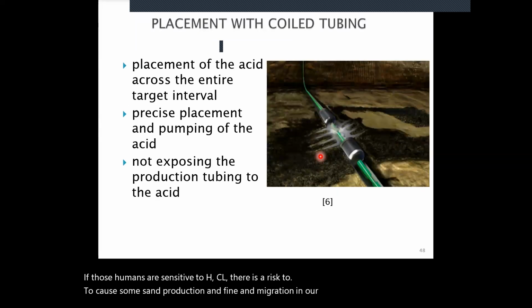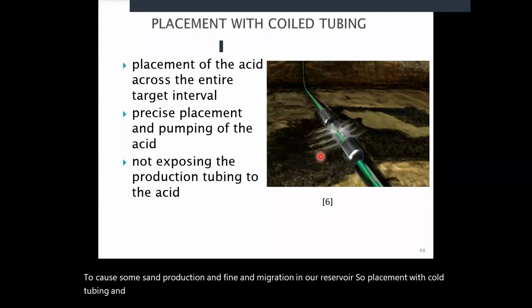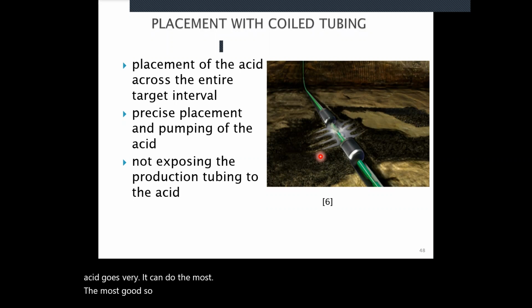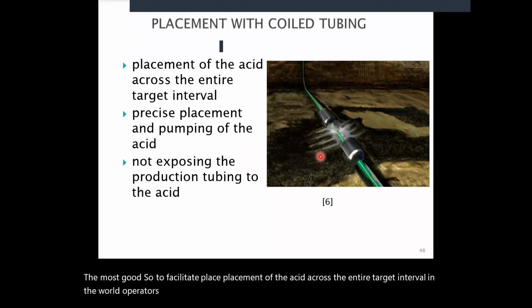Placement with coiled tubing. The challenge, of course, in performing an acid job is ensuring that the acid goes where it can do the most good. To facilitate placement of the acid across the entire target interval in the well, operators often use coiled tubing units.